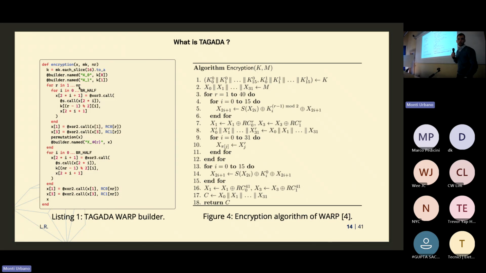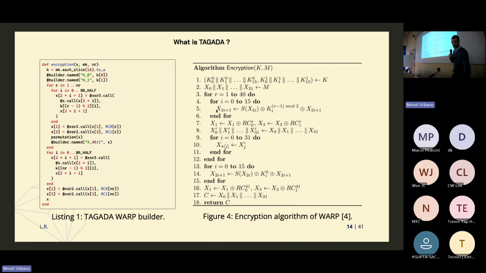After that, we iterate through the number of rounds, which is fixed in the definition of WARP. But when we compute the differential distinguisher, maybe we want to stop the distinguisher before the end of the cipher, so we are able to configure it. After that, we have the round function.